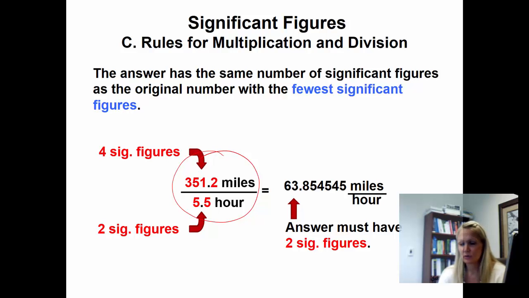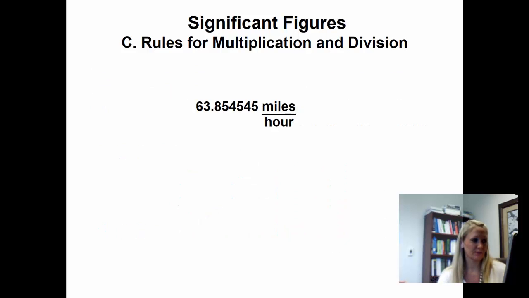Sig figs is just my shorthand for significant figures. I had 4 and I have 2, so my answer has to have the lowest number of sig figs. I can only have 2 significant digits in my answer, so this is not correct. I have to round to 2 significant digits.